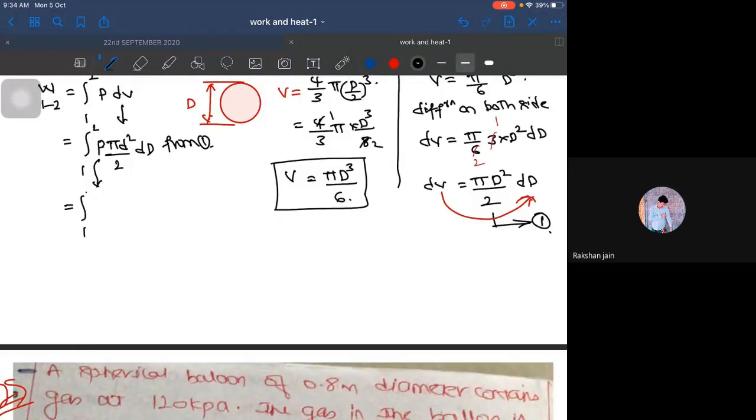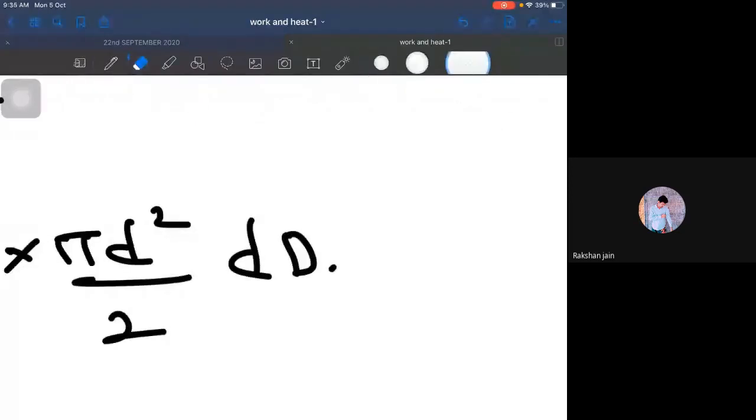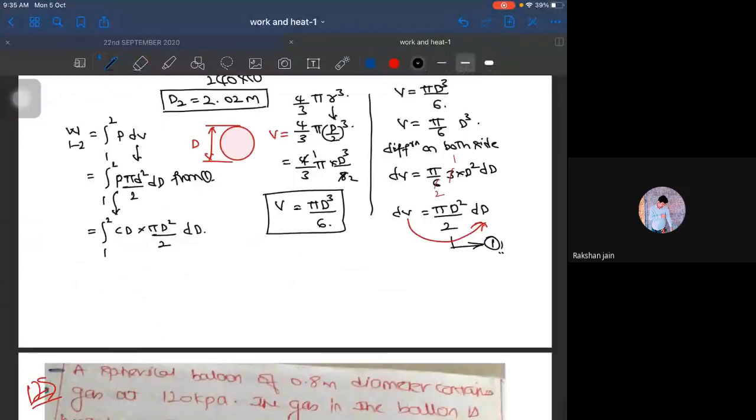So P I can take as C into d into pi d square divided by 2 into dd. Now the entire thing is in terms of d, so now it is easy for me to integrate. Now I'll take the constants away.